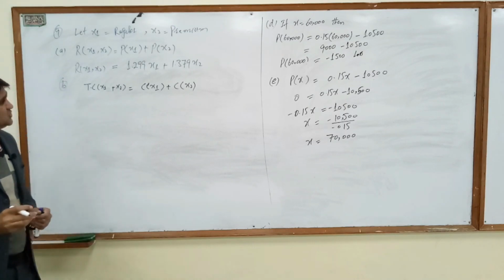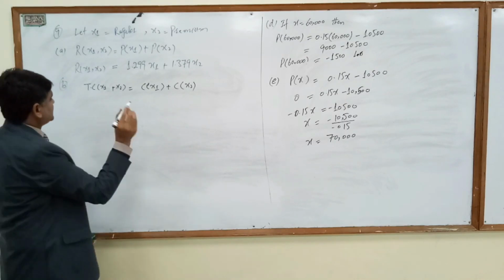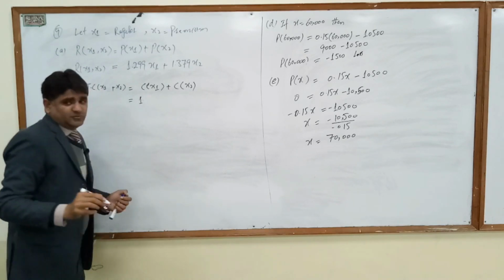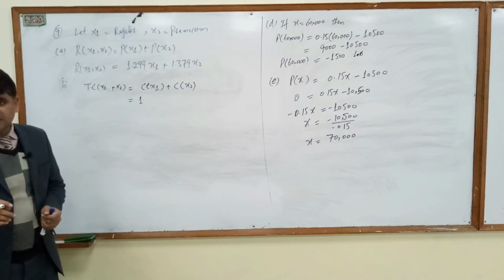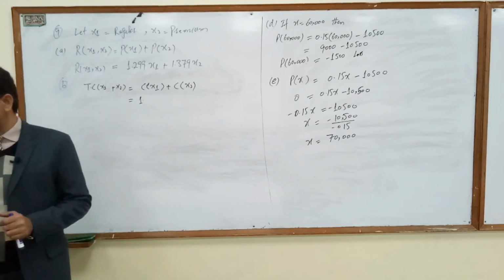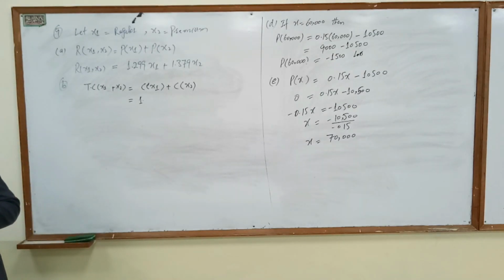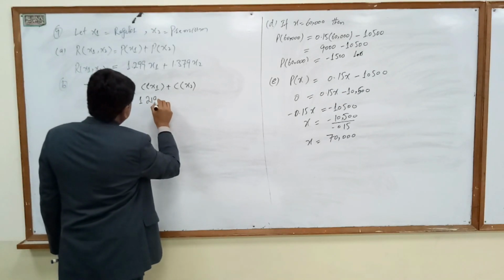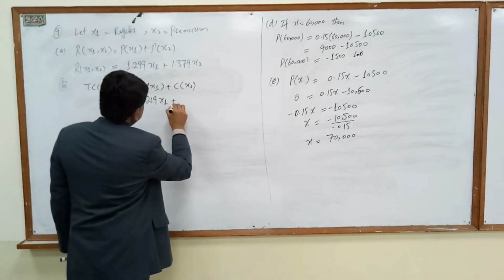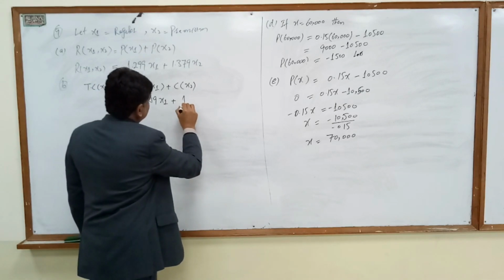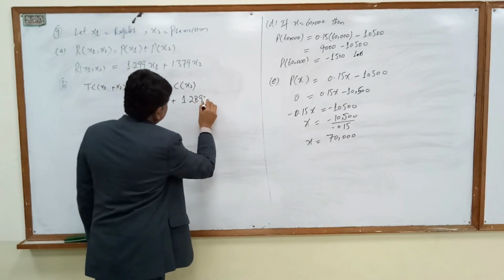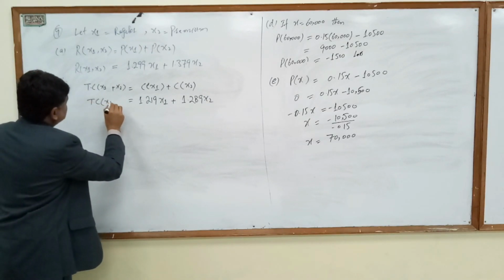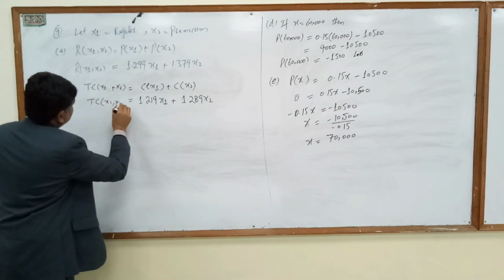What is the cost of X1? Here I am talking about cost. 1.219 into X1 plus 1.289 X2. That is the total cost function of X1 and X2.